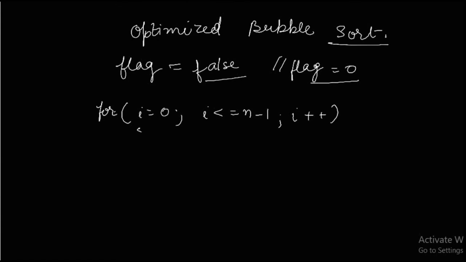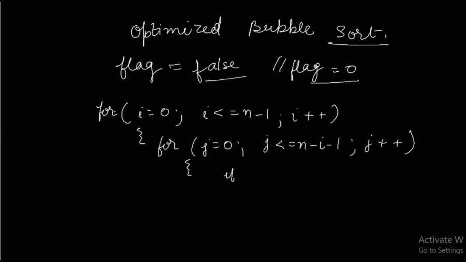Then for j equal to 0, j less than or equal to n minus i minus 1, j plus plus, and then we compare: if x[j] is greater than x[j+1], then we will swap.